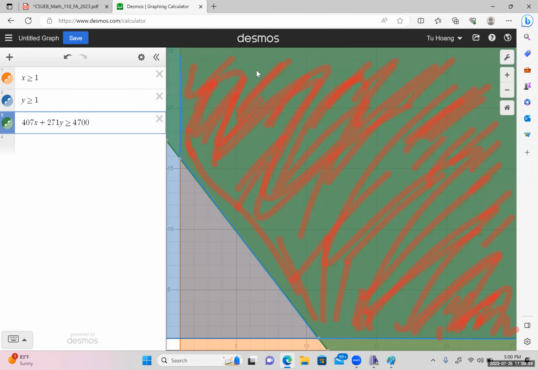Okay, let me clean this up. What is this point, according to decimals? I can have 15.8 something and 1 here.